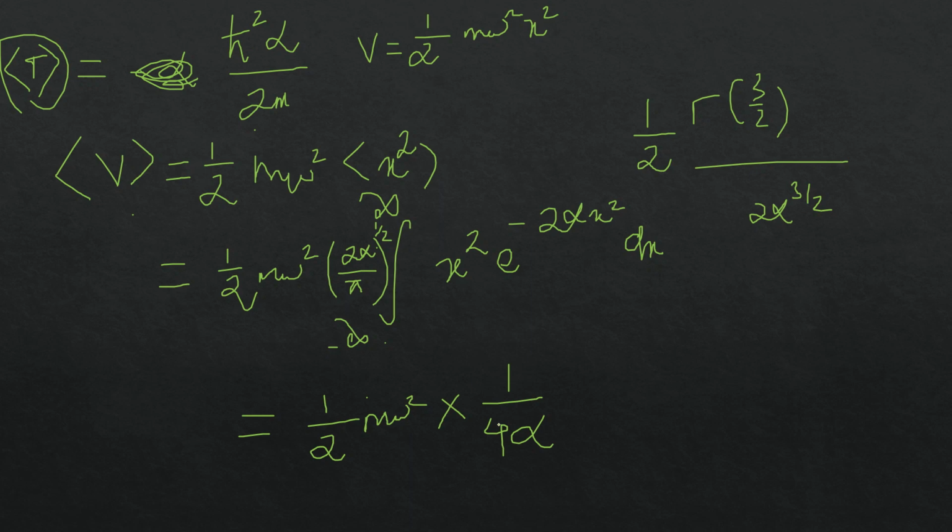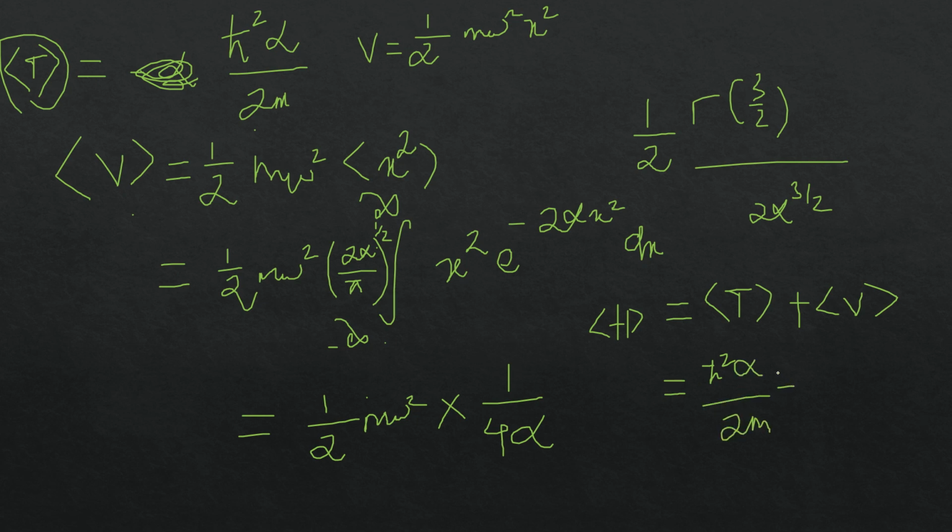So now I can write H as the expectation value of kinetic energy plus the expectation value of potential energy, that will be h cut square alpha by 2m plus m omega square by 8 alpha.